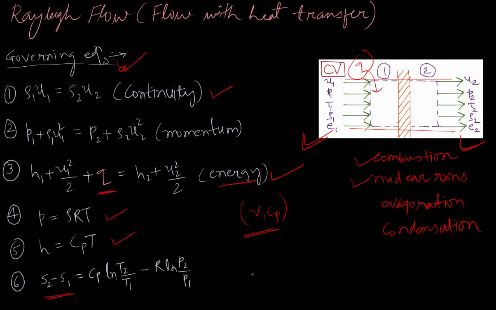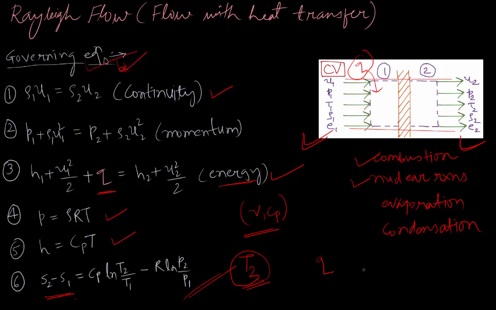Given the initial state 1, there will be an infinite number of possible downstream states 2. So to solve these equations, we assume various values of T2, and calculate all other properties as well as the heat transfer Q for each assumed T2 from these governing equations.